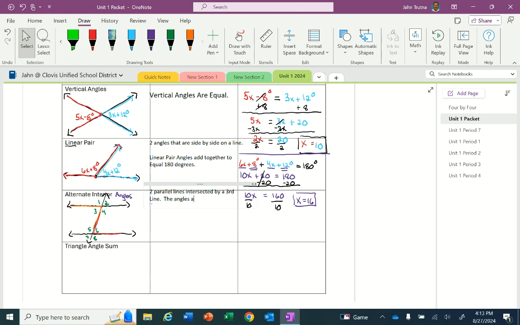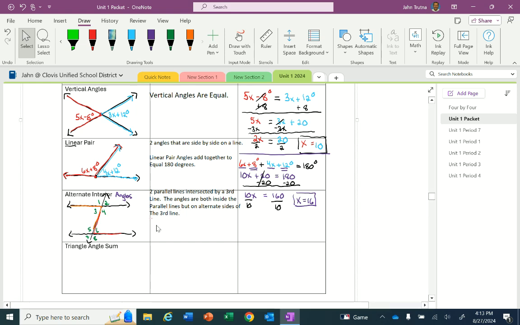The angles are both inside the parallel lines, but on alternate sides of the third line. Okay?